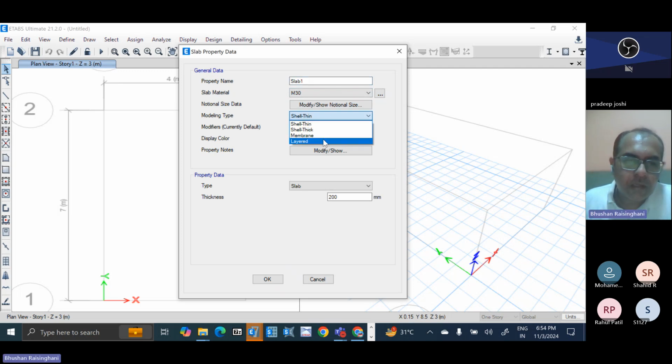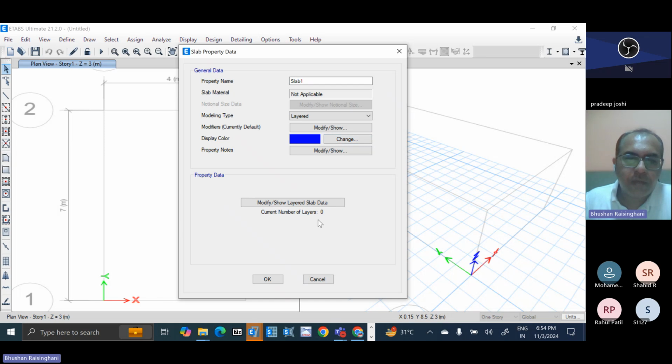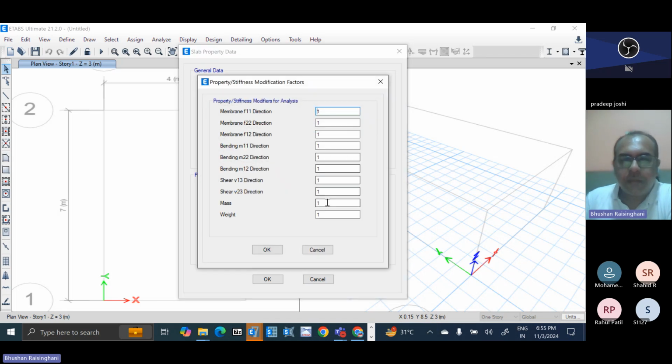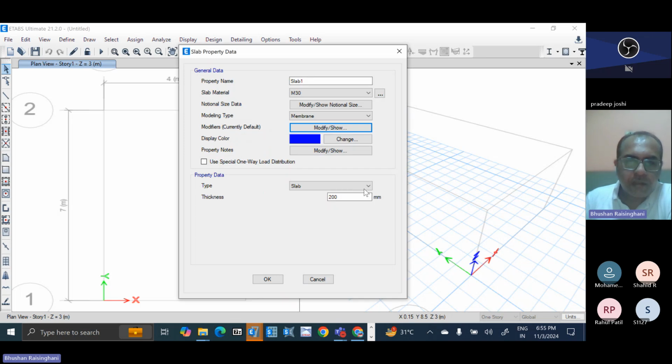Here you can see there is a layered option given. If you go with the layered option, you will go into thick shell. Now if you go to membrane, then membrane will be 456 2000. This is how you will design it, in which you don't have to modify any property because it will take only the actual forces and that we are not reducing.